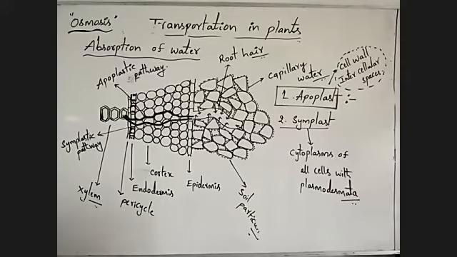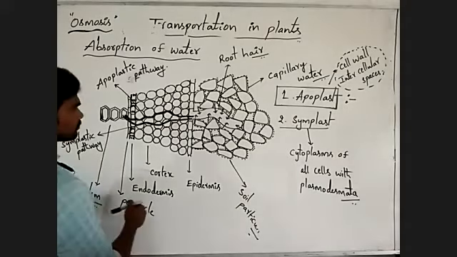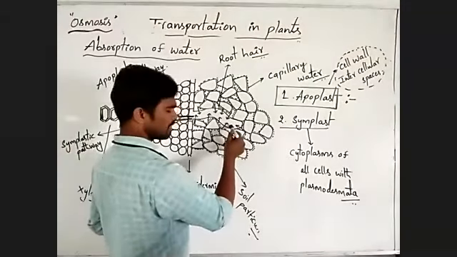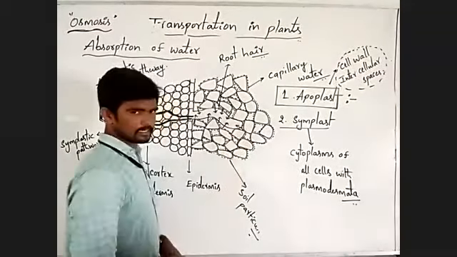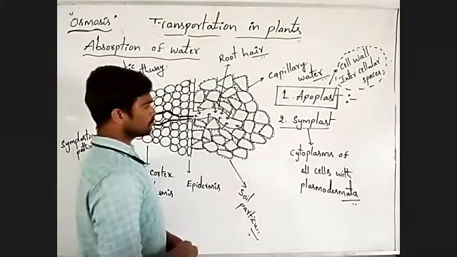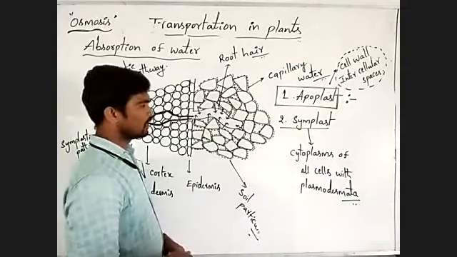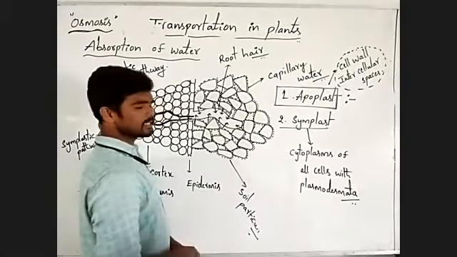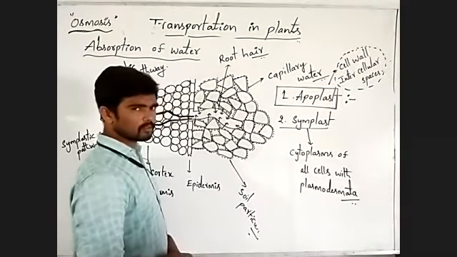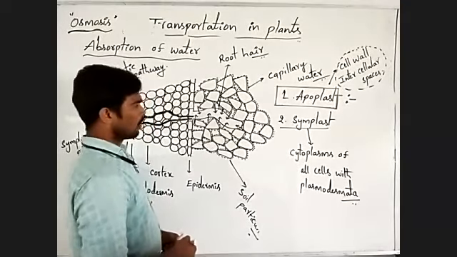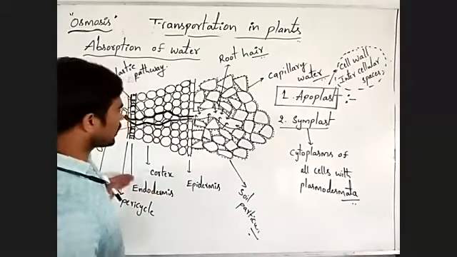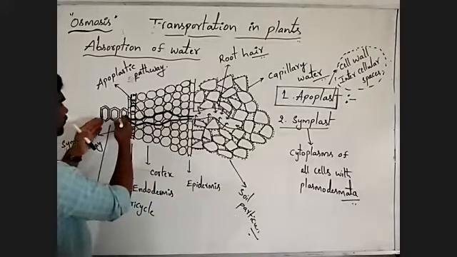Here there are a number of root hair cells. As a number of root hair cells are involved in absorption of water, more and more water enters the xylem vessels at a time.